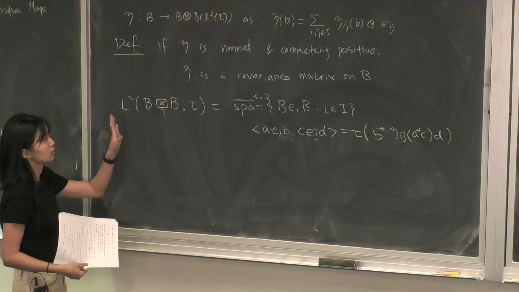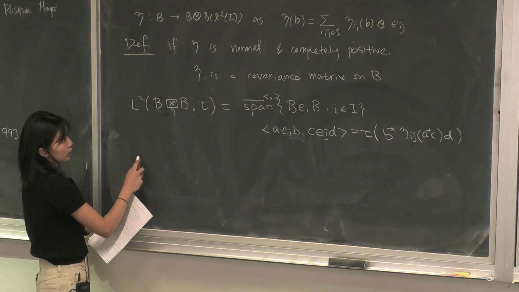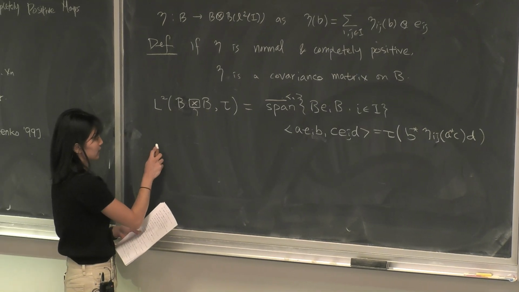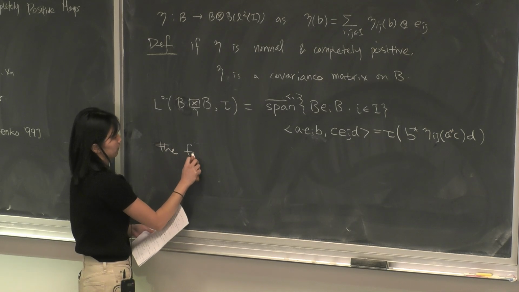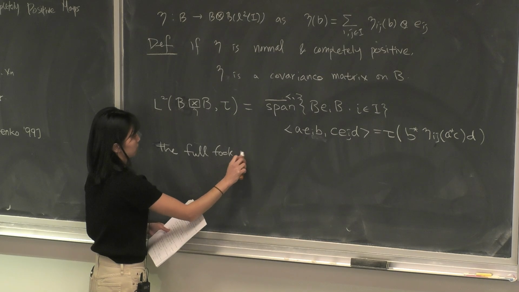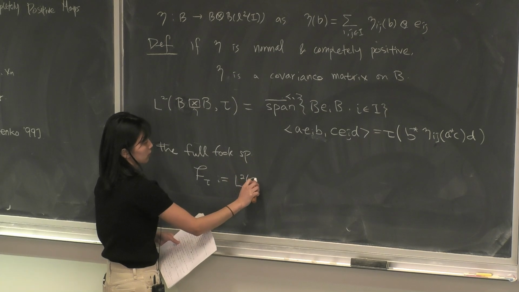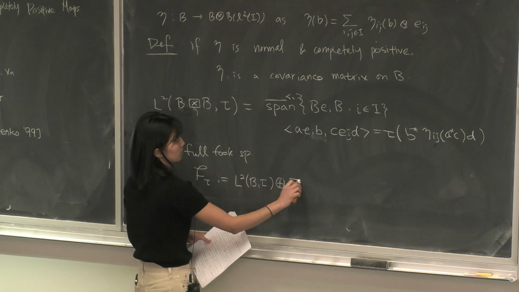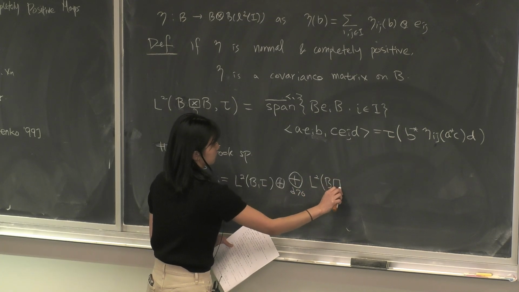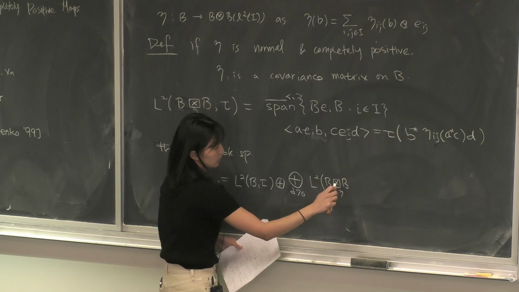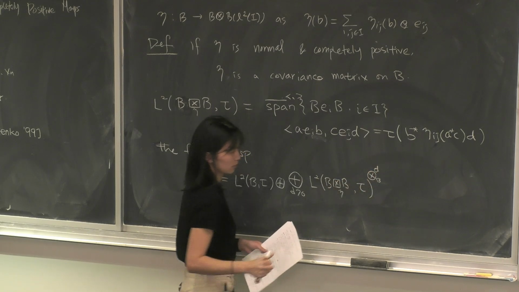And this admits natural left and right actions of B. Then we can construct the full Fock space, denoted as F tau, which is just L2 of B tau, direct sum with this bigger space, the d-fold B tensor product.